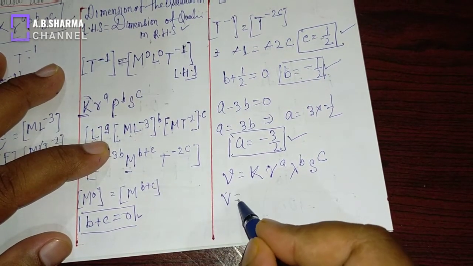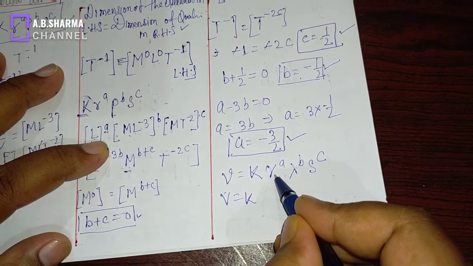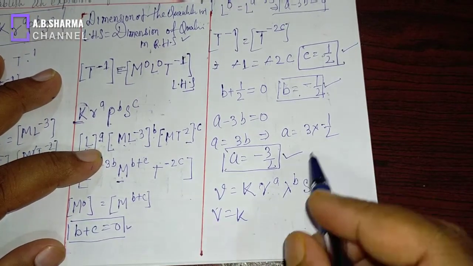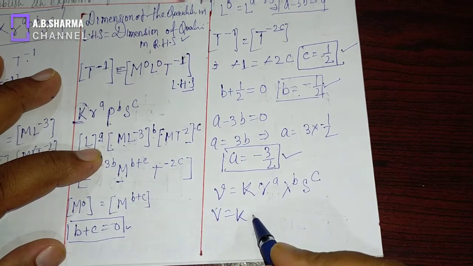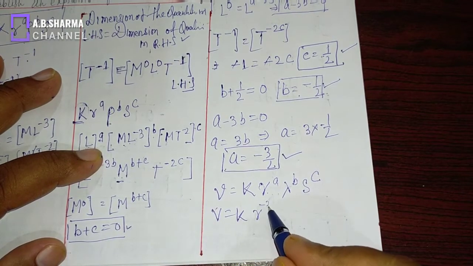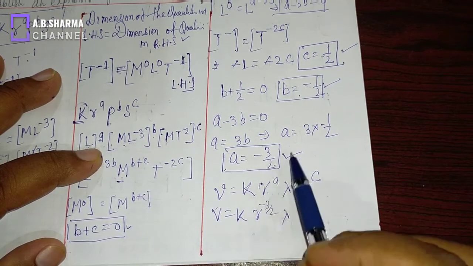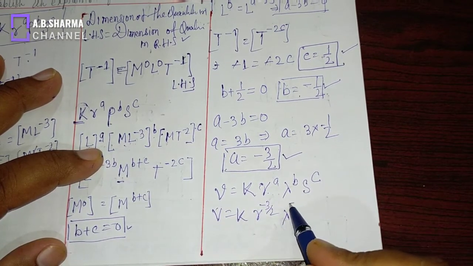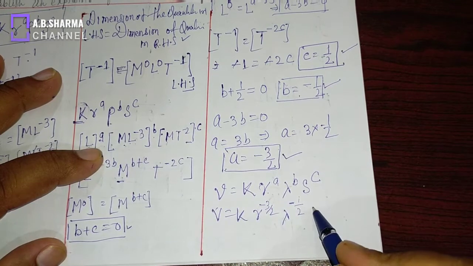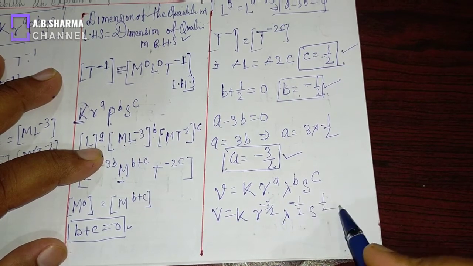So v equals k r to the power minus 3/2, rho to the power b, where b equals minus 1/2, and S to the power half.